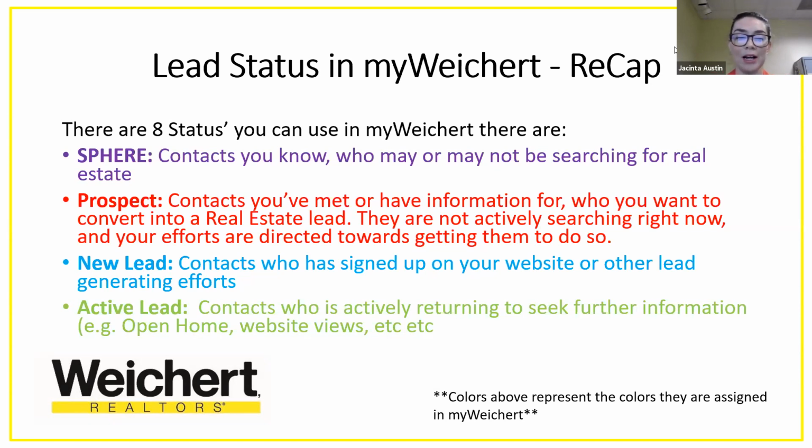New leads are contacts who have signed up on your website or other lead generating efforts, be it Facebook, your website, Instagram, whatever. An active lead is a contact who is actively returning to seek further information. So you're doing open home website views, that kind of thing.